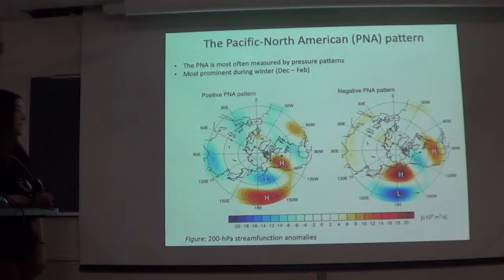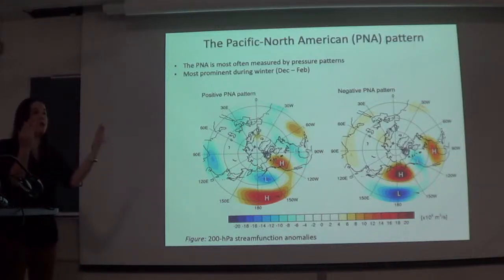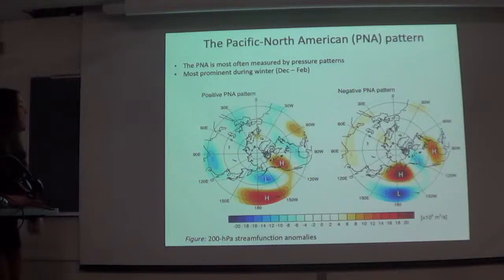I specifically forced it with the negative, I grew towards the negative PNA. But because it's largely EOF based, the sign is arbitrary, right? So you can take all of your optimal and final initial conditions, and the sign will be associated with each other, but you can flip them all to get the opposite.